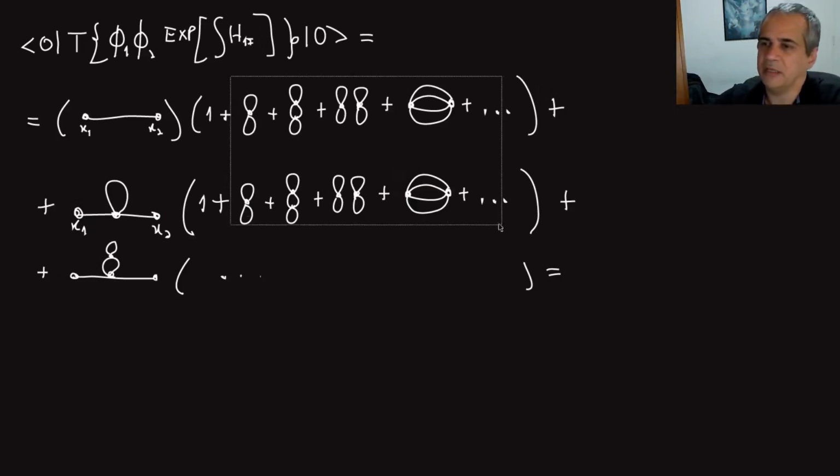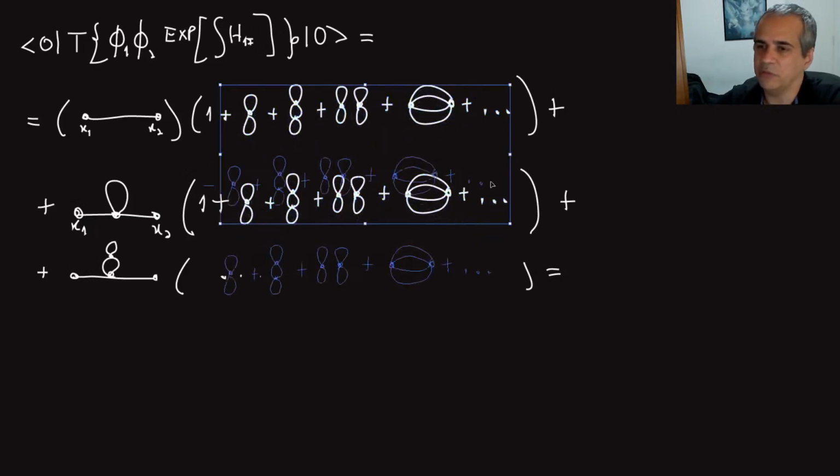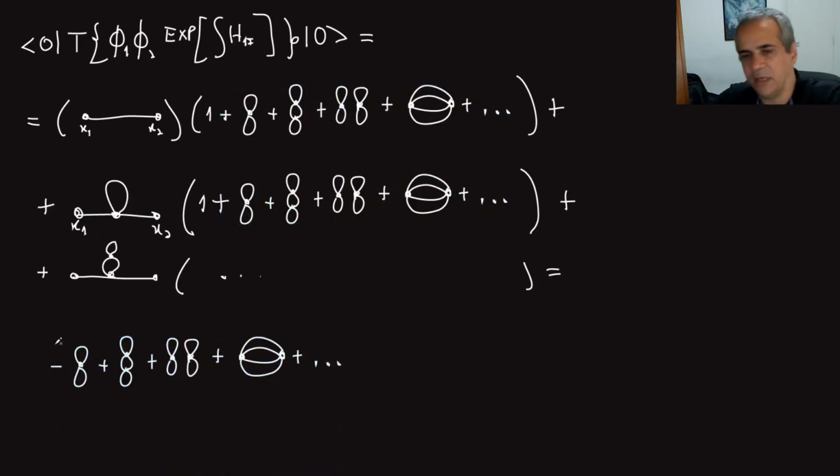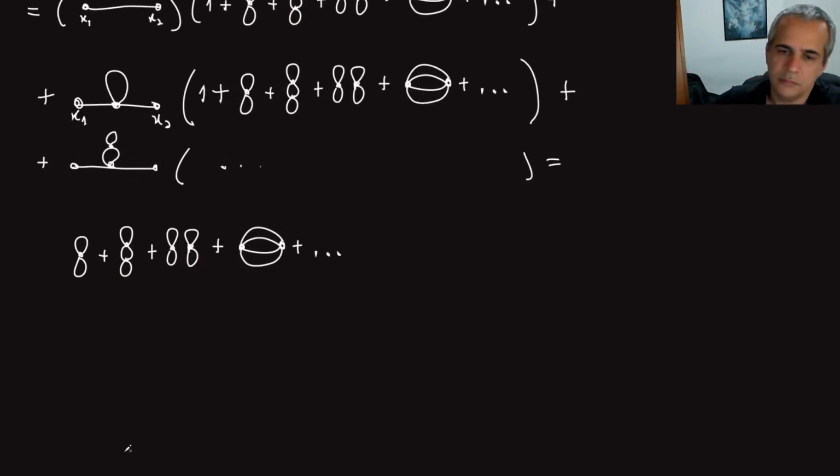Let me take this part of the series that involves the bubble diagrams, and let's rename them. Let's call this guy just V1 for vacuum bubble number 1. This guy is intrinsically different from this, right? So I'll call him vacuum bubble number 2. This is not anymore, right? This is just V1 squared.